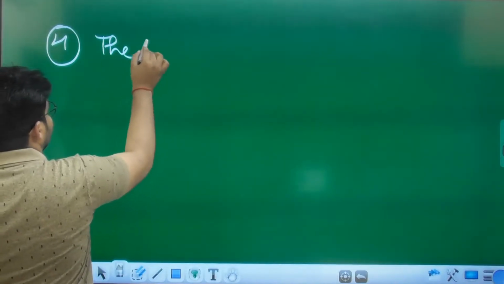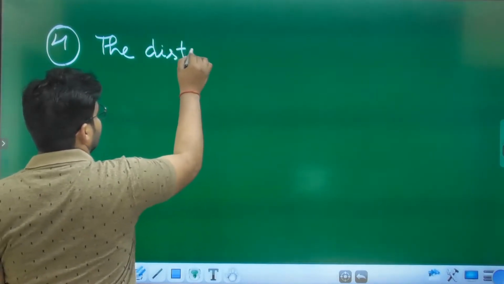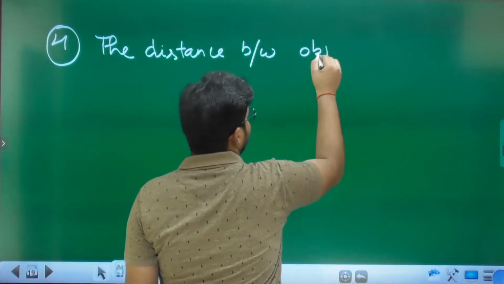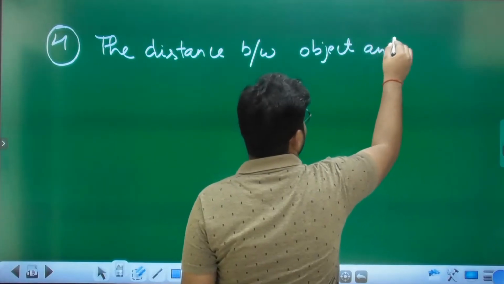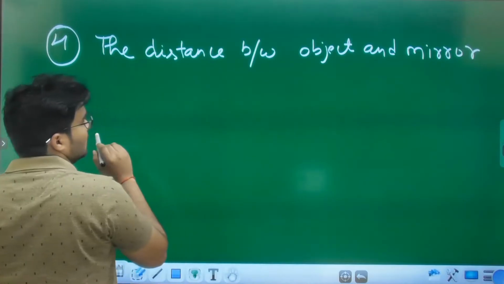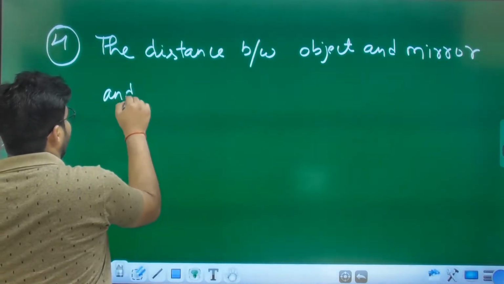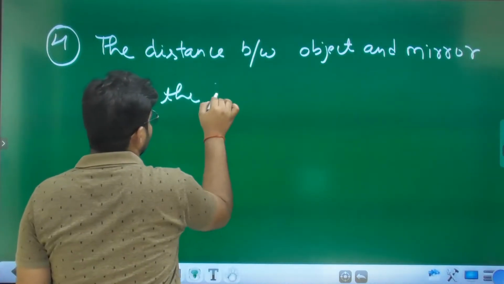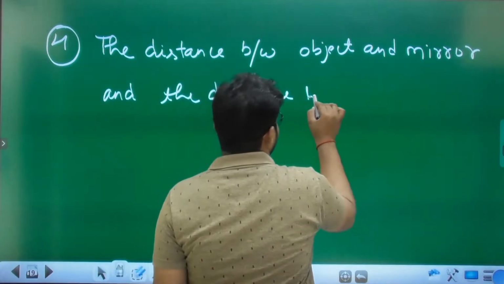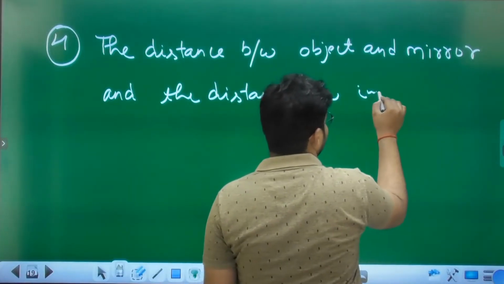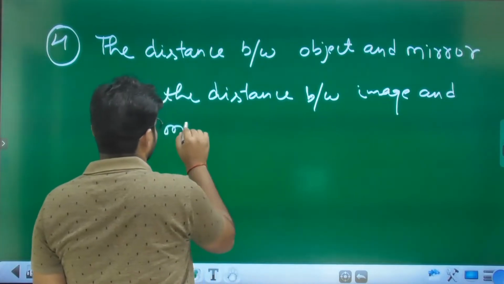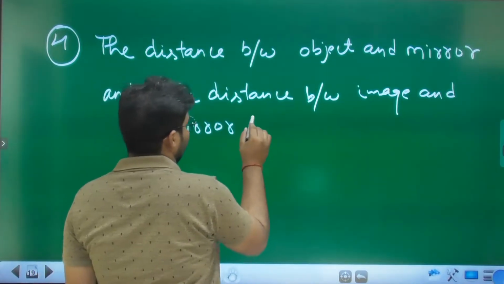The distance between object and mirror and the distance between image and mirror is equal.